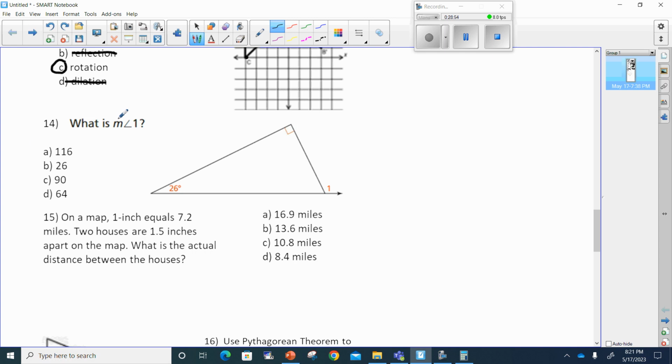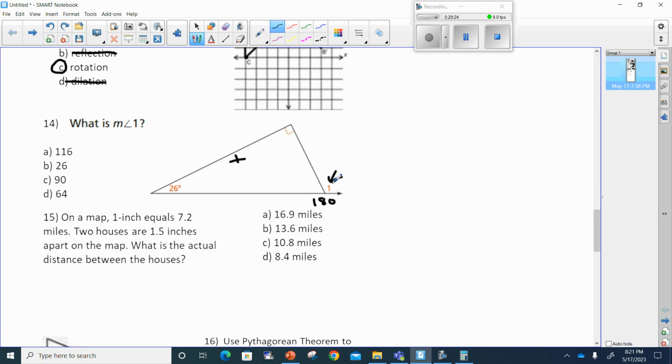Number 14 says, what is the measure of angle 1? All right, so they're asking, what is angle 1 here? And we remember that angle 1 has to be equal to the sum of the two opposite angles, 26 and 90, right? Because if this line represents 180 and all the angles equal 180, then this missing number is going to be the same as these two sums.